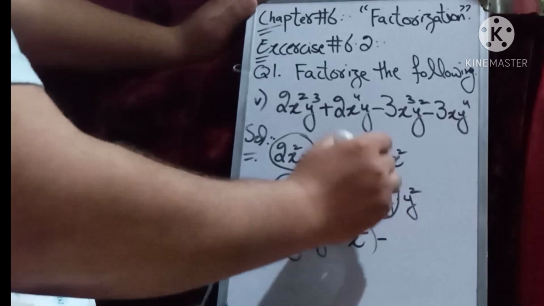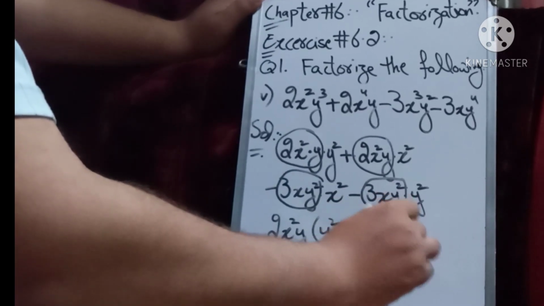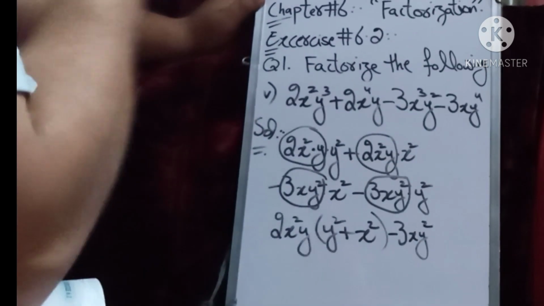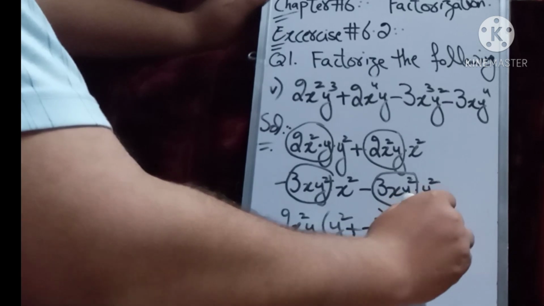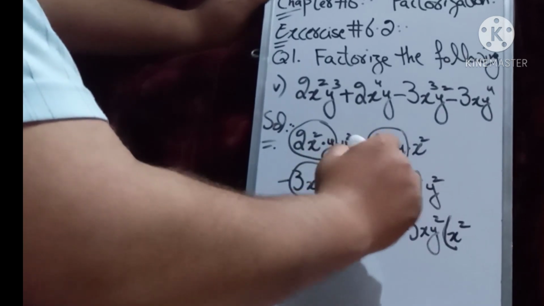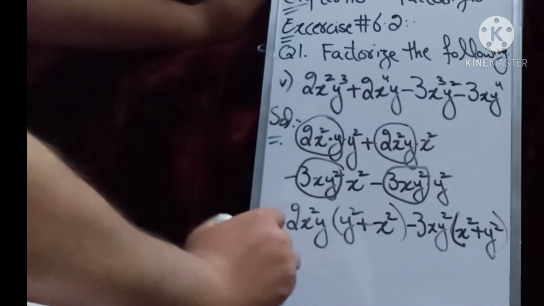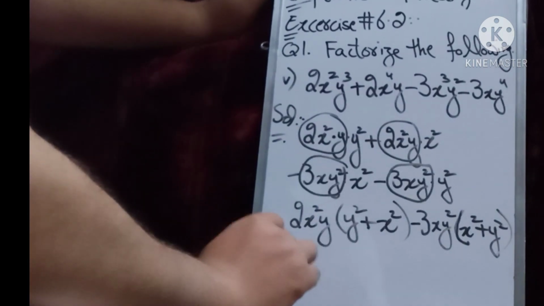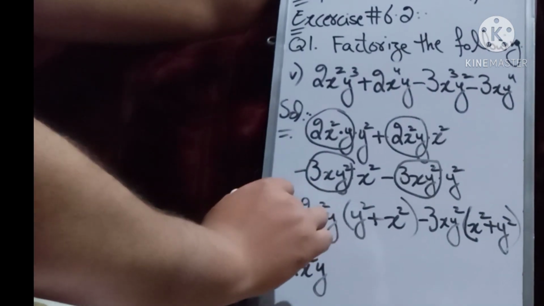So you will see the common factors, which are 2x square y in the first and 3xy square in the second. When we take them common, we get the answer: 2x square y into (y square plus x square), minus 3xy square into (x square plus y square).